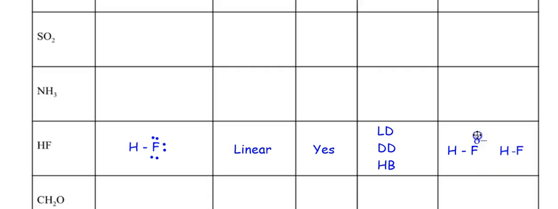So I know fluorine is electronegative. Therefore, it's partial negative. Hydrogen is going to be partial positive. So I'm going to put both of these here. So now what is the force that I want you to show? Well, here's where your attraction is. The fluorine is attracted to the hydrogen of the other compound, and that's what hydrogen bonding is all about.